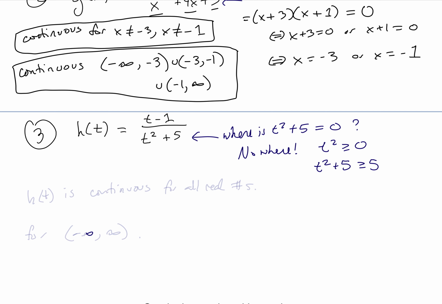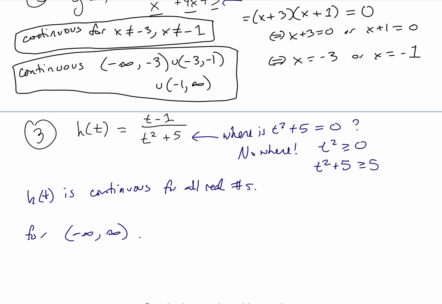So the denominator is never equal to 0, and therefore h of t is continuous for all real numbers, or we could also write for negative infinity to positive infinity.